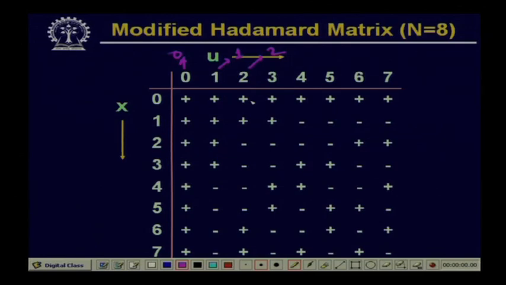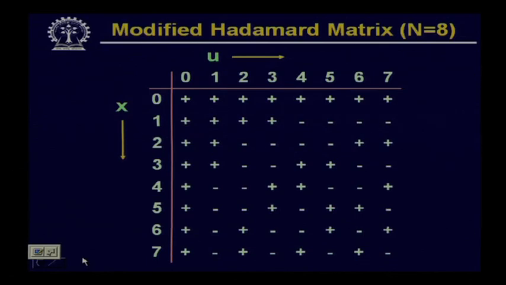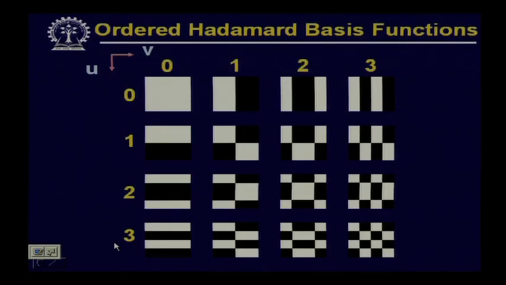So, using this modified or ordered Hadamard matrix forward kernel, in case of 2 dimensions, the ordered Hadamard basis functions are obtained in this particular form.